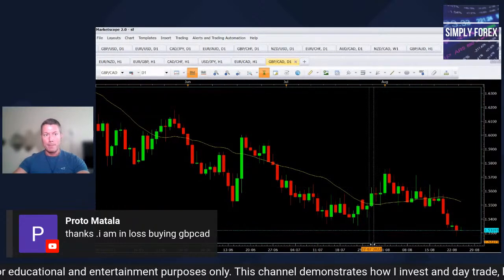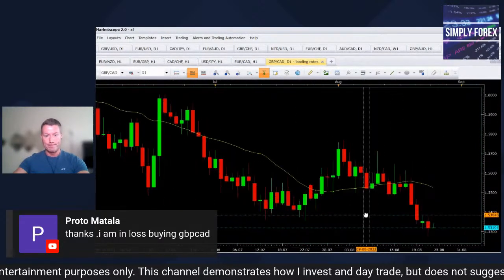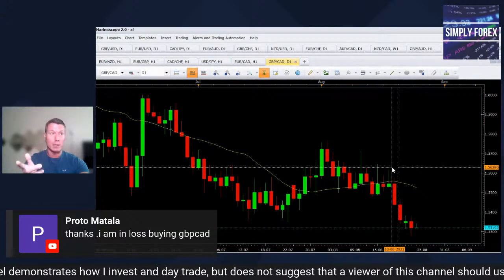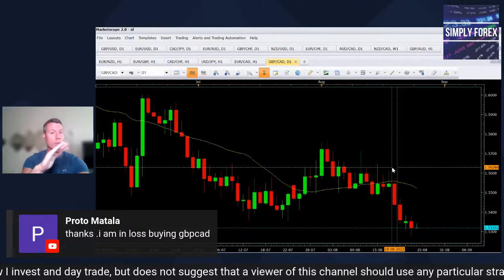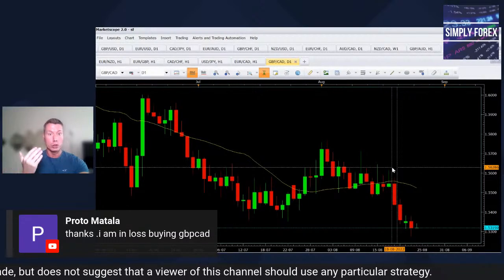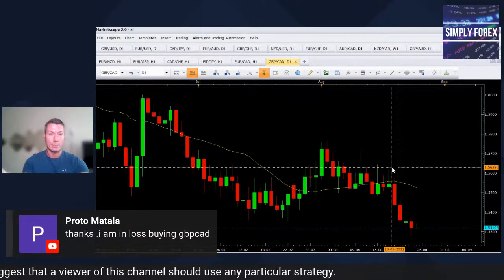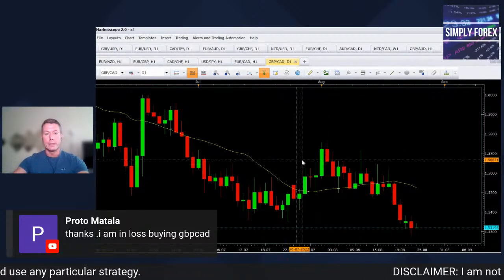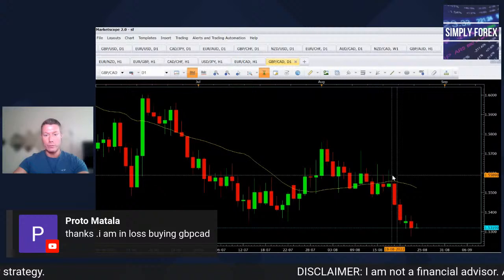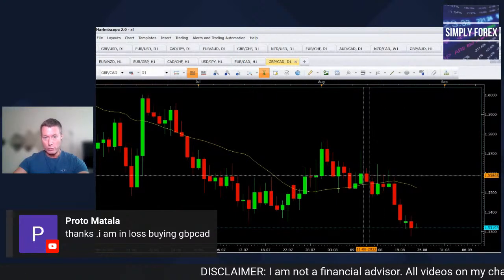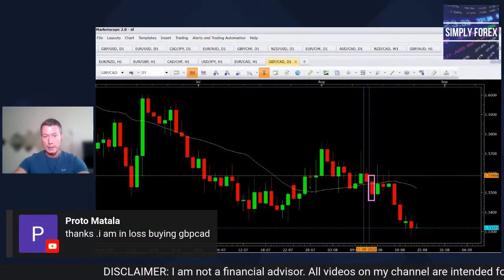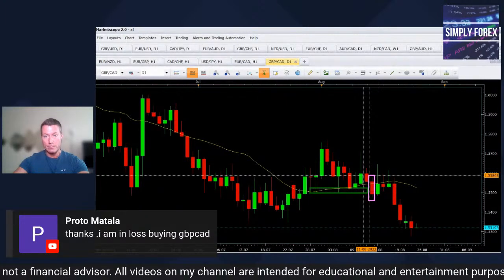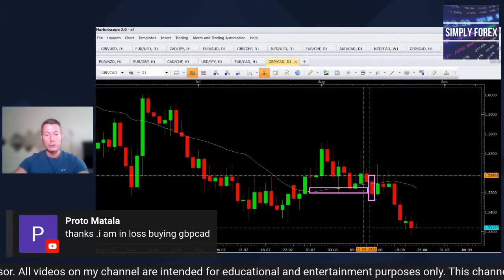Okay. So first of all, I did this pair last week, in fact, and we were making a lot of profit shorting this pair. So the opposite to you, Proto. As soon as this candle formed and broke these lows here, only just, but it broke them, I was looking for shorts.